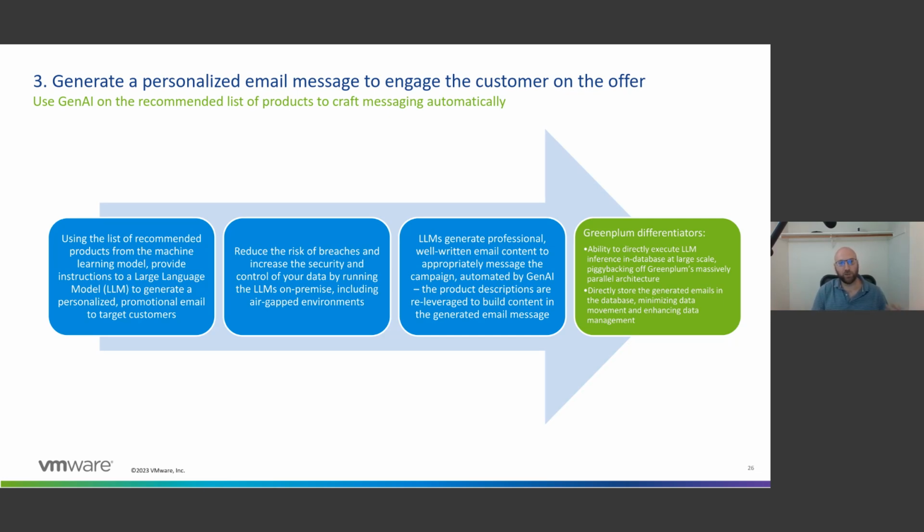Now we want to use large language models and generate a personal promotional email to each customer. And we can do that because we have the information about what product we're recommending in our database. We have the description of that product.